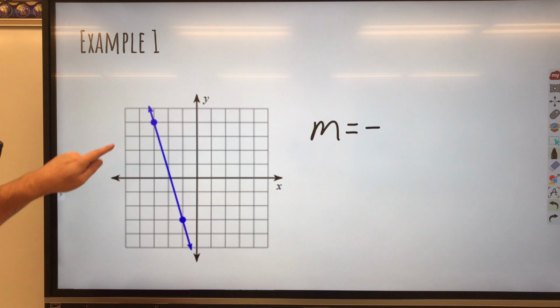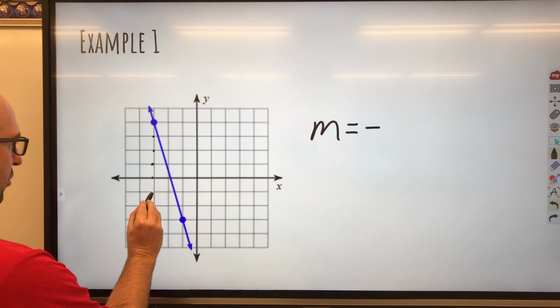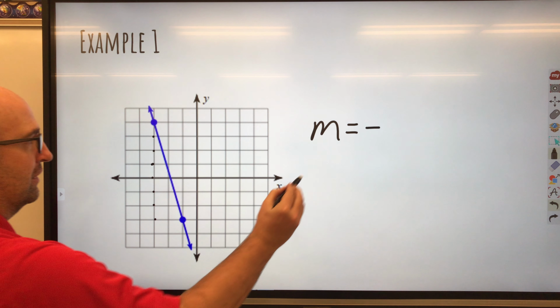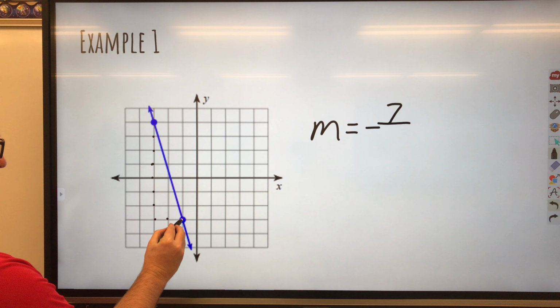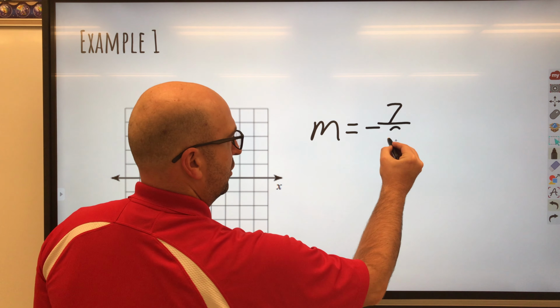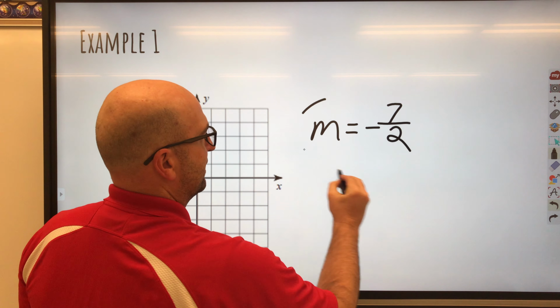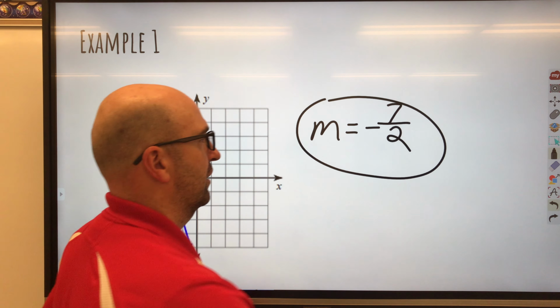And I'm not going up in this case. To get to this dot, I'm actually going down. And I'm going down 1, 2, 3, 4, 5, 6, 7. And then I'm going over 1, 2. So my slope here would be negative 7 over 2. So that's my slope.